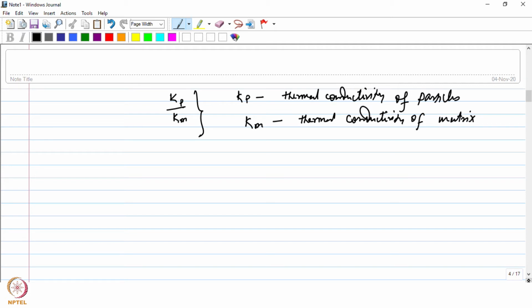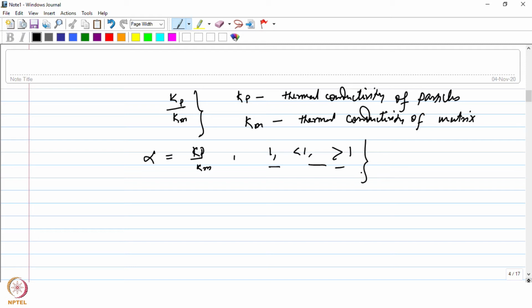So whether this ratio, if we call that alpha, whether this is 1, less than 1 or more than 1, basis that the temperature field around the particles will change.